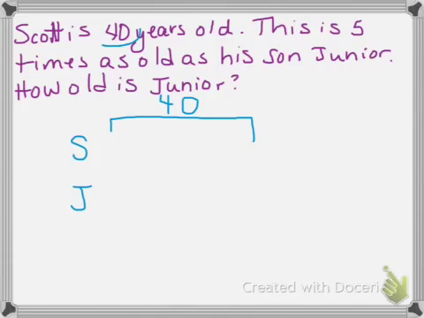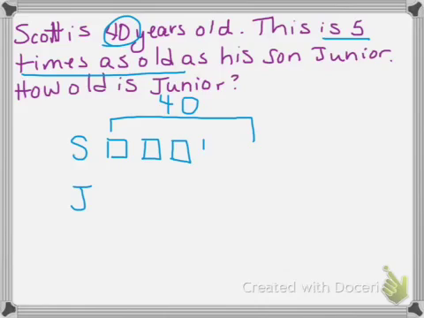We know that he's 40 years old. So altogether, Scott's going to be 40. And the problem says that this is 5 times as old as his son Junior. So that means that Scott has 5 squares and his son has 1, because that would show that that's 5 times how old Junior is.